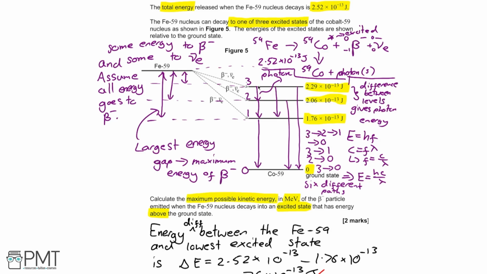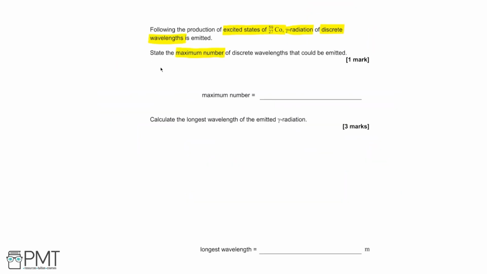Therefore, by stating all the decays that can happen from the highest level, we've included all the possibilities for different photon energies that we could get as the nucleus de-excites to the cobalt-59 in the ground state. Therefore, there are 6 different photon energies, and because there are 6 different photon energies, there are 6 different photon wavelengths. Therefore, the answer to this question is 6.